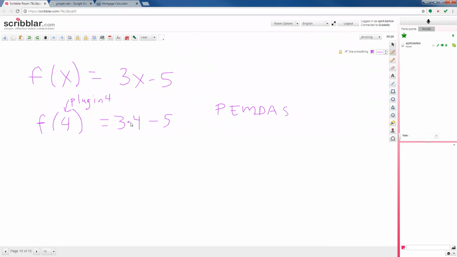So we have multiplication and we have subtraction, but we do the multiplication first. 3 times 4 is 12, minus 5 is 7. So when it asks you to find f of 4, it's just saying plug it in and get that one number as an answer.